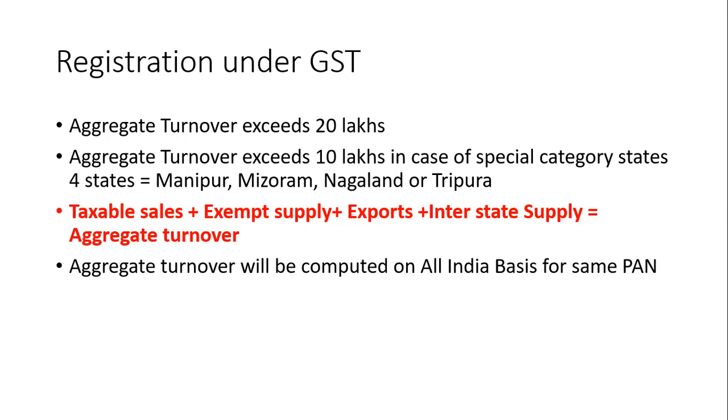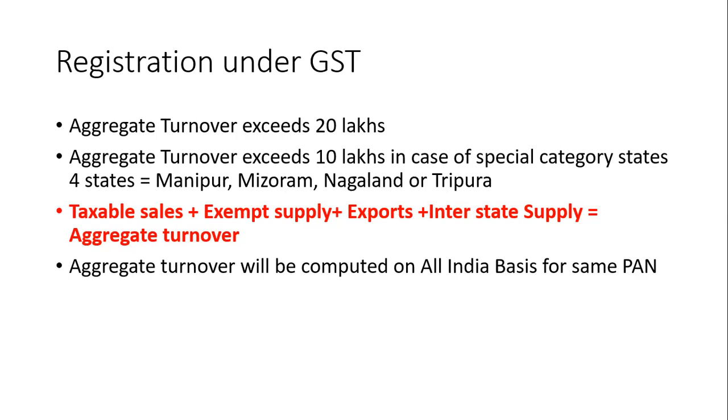You are supplying to another union territory, and aggregate turnover will be computed on all India basis for the same PAN. If you are doing business under the same PAN, you have to include the taxable supplies, exempt supply, export of goods, interstate supply, and supply made by the taxable person on his own account.